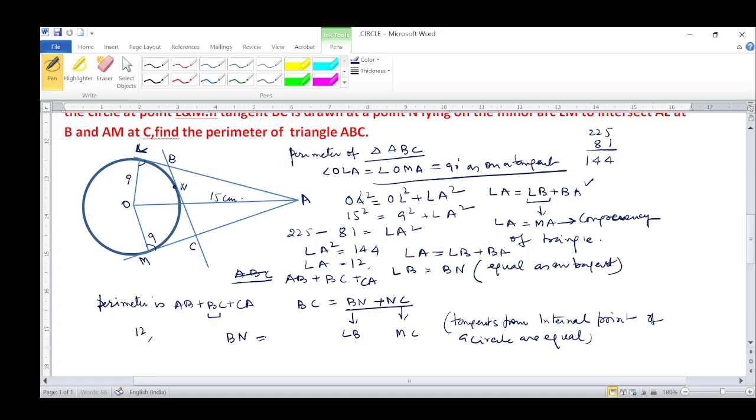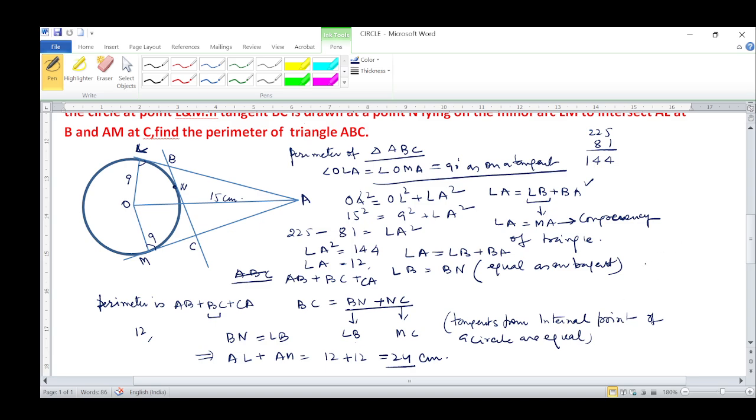BN is equal to LB, which indicates that BN and BC when added make AL plus AM, means 12 plus 12. So perimeter of this triangle is 24. Let me again brief.